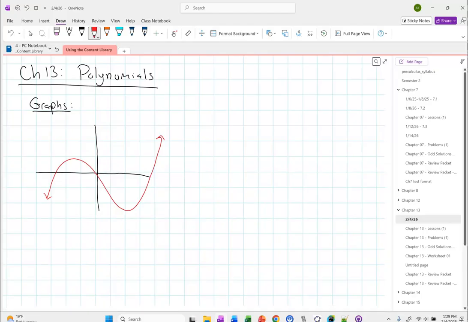So let's say that here's a graph of a polynomial. I'm just going to refer to this polynomial as y equals f of x.